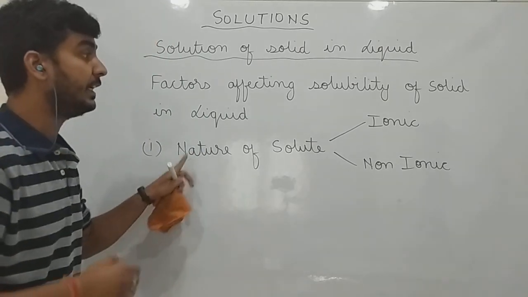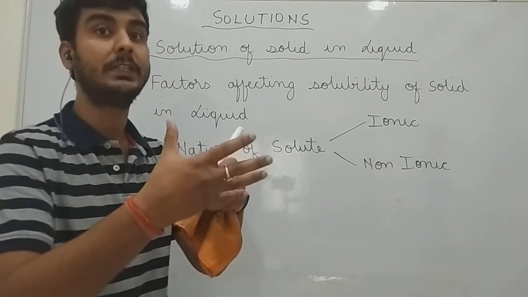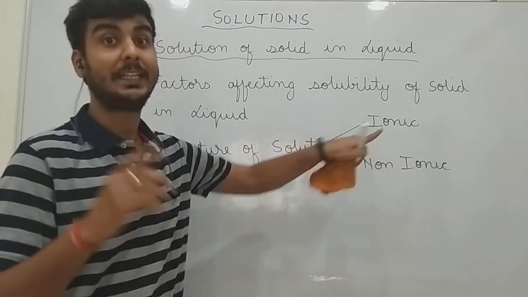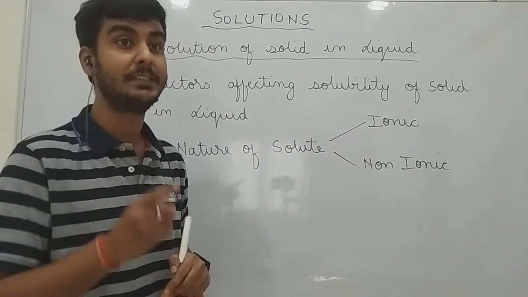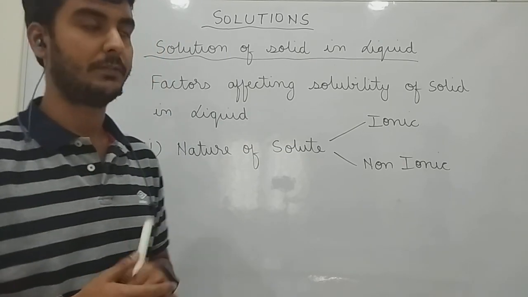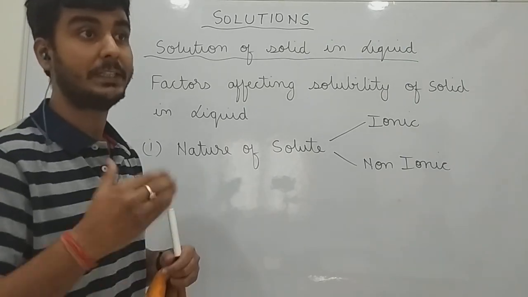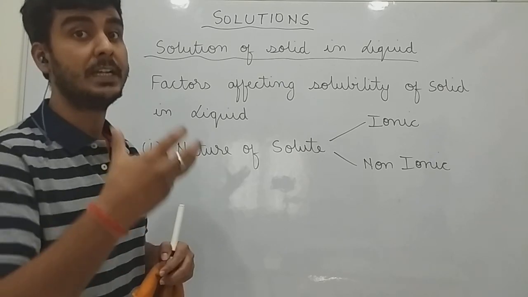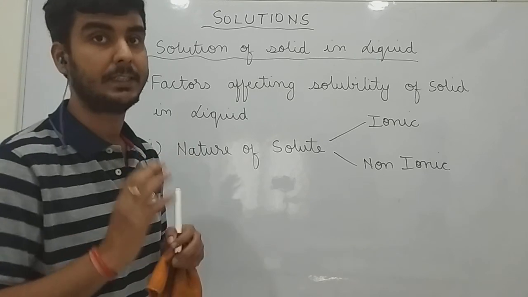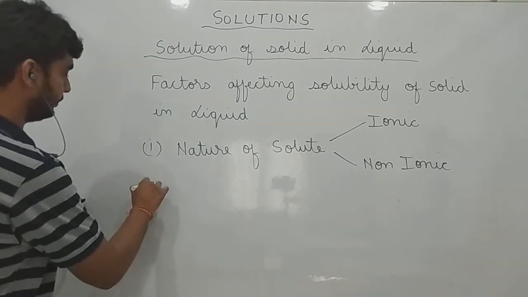So if the solute or the solid which you are going to dissolve in the solvent is ionic in nature, then it is not going to be easy to dissolve it into the solvent. So ionic solids are difficult to dissolve, or dissolution of ionic solids is difficult on account of high lattice enthalpy. So the first factor is the nature of the solute.